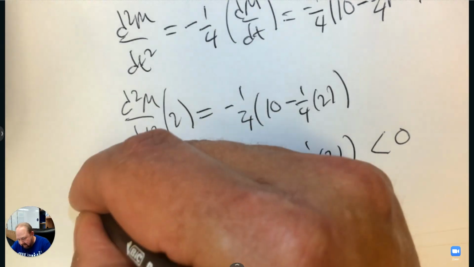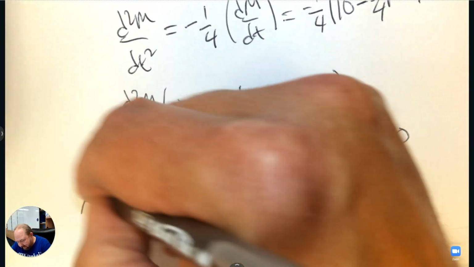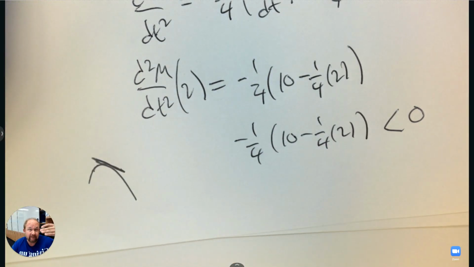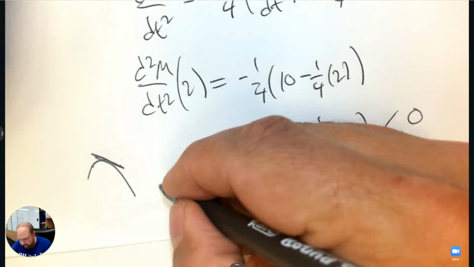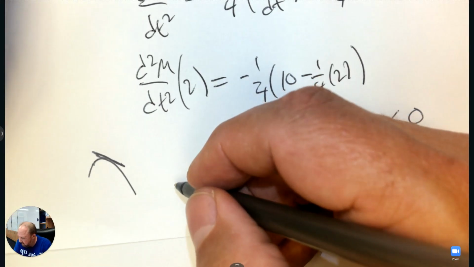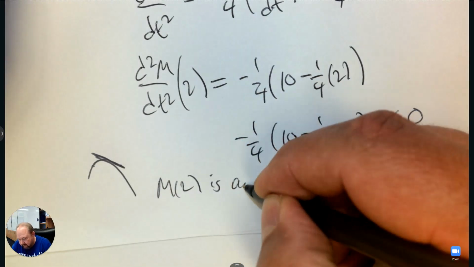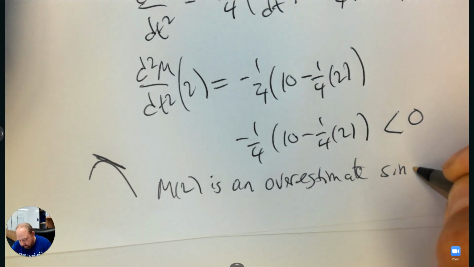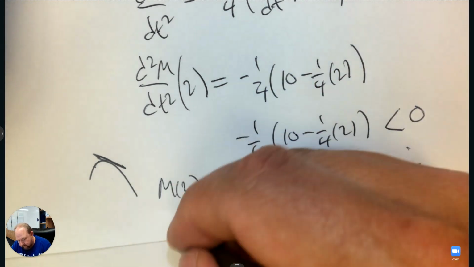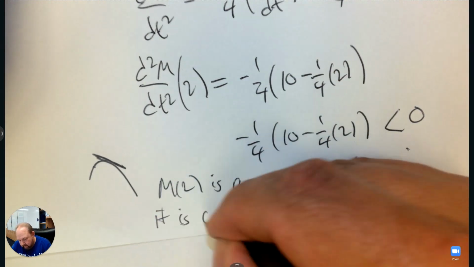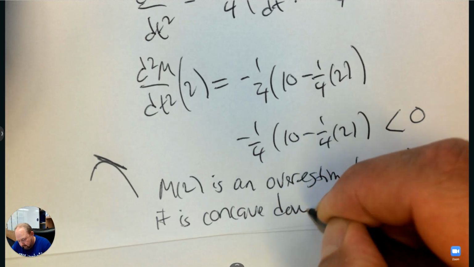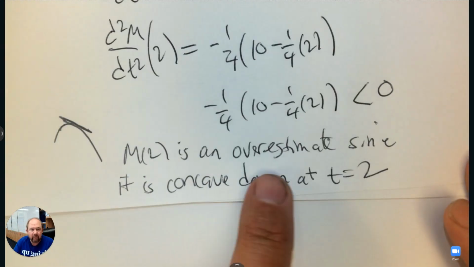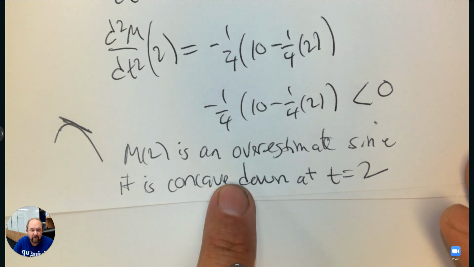So if something is concave down and you have a tangent line on something concave down, that tangent line is above, which makes it an overestimate. So the answer is, m at 2 is an overestimate since it is concave down at t equals 2.